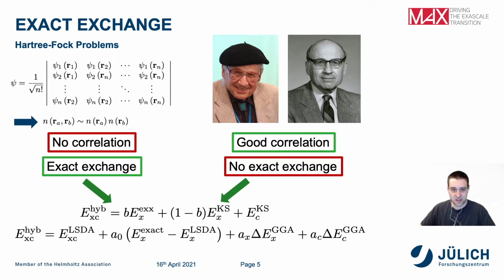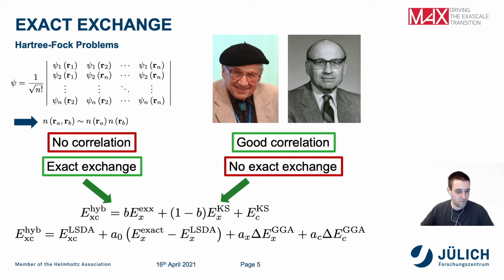So in the Kohn-Sham system, we have a good correlation, but we don't have the exact exchange. In the Hartree-Fock, we have no correlation, but we have an exact exchange. And the idea for the hybrid functional is quite simple, and there's no big theory behind it. You just linearly mix some of the exact exchange with some of the Kohn-Sham exchange, and then you take the correlation from the Kohn-Sham potential.